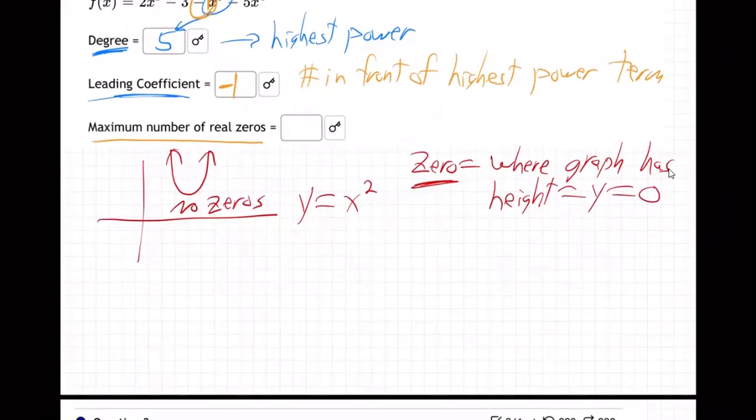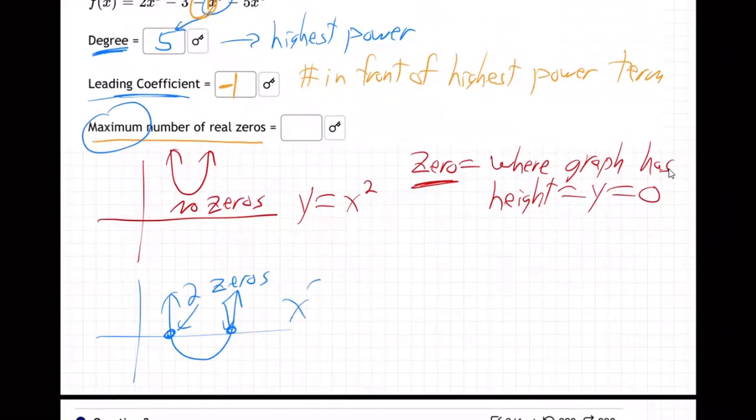But what if we redid it down here? Let me try it again. What if we moved it down like this? And now that one's got 2 zeros, right? Because those 2 points both have a y value of 0, a height of 0. So what's the maximum number? Well, let's think.